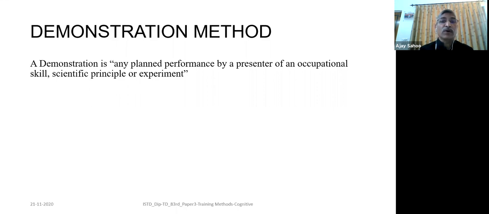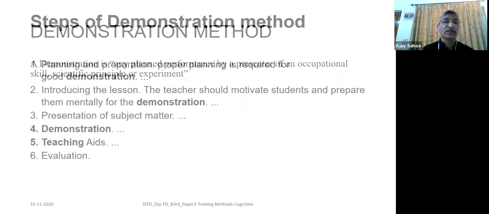Or an experiment. This is what I was in a physics class. You would demonstrate an experiment, right? So, any planned performance by a trainer or a teacher or a facilitator of any occupational skill, scientific principle, or experiment. This is a formal definition of a demonstration method.